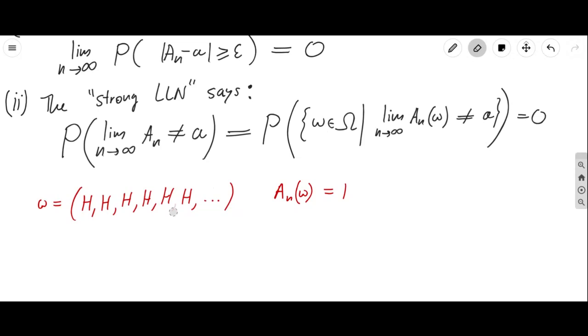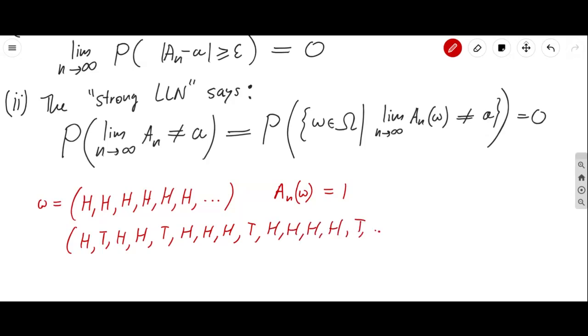The thing is, you're going to have infinitely many different sequences. Another example of an infinite sequence is maybe it goes like this: heads, tails, 2 heads, then 1 tail, then 3 heads, then 1 tail, then 4 heads, then 1 tail, and so on.